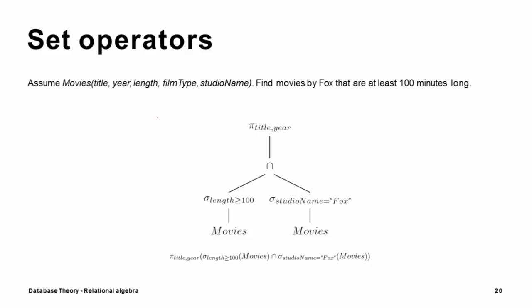If you have a look at the lower part of that slide, you see that we're interested in the title and the year, where the movies have a length larger or equal to 100 and the studio name is Fox. That's just a combination of things.